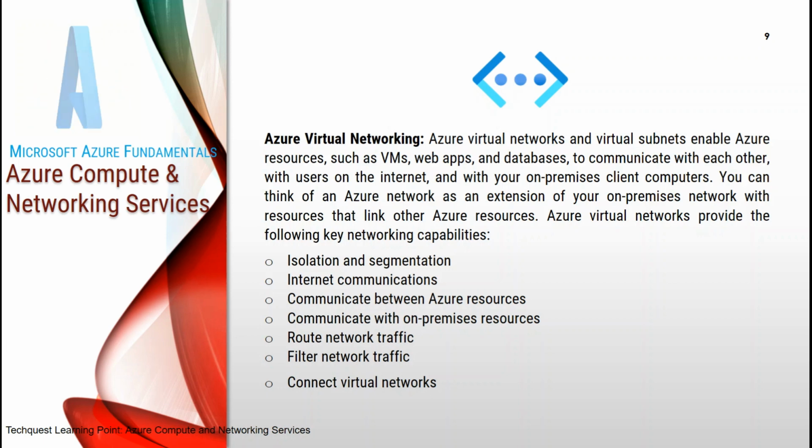Communicate between Azure resources. You will want to enable Azure resources to communicate securely with each other. You can do that in one of two ways. Virtual networks can connect not only VMs but other Azure resources such as the App Service Environment for Power Apps, Azure Kubernetes Service, and Azure Virtual Machine Scale Sets.